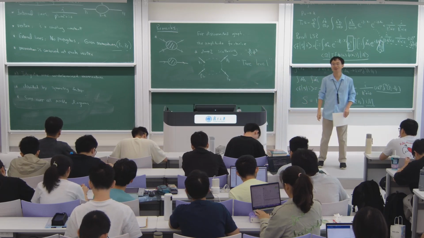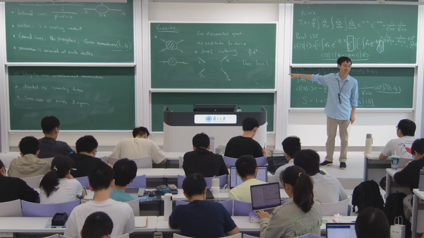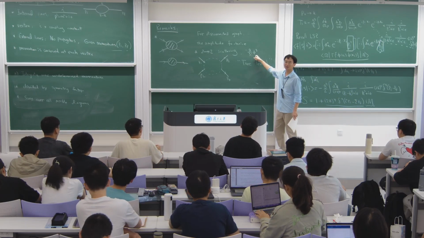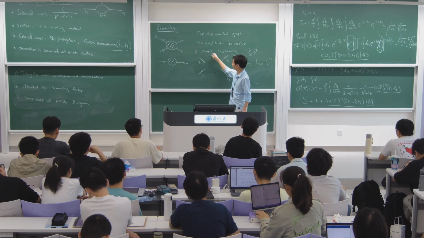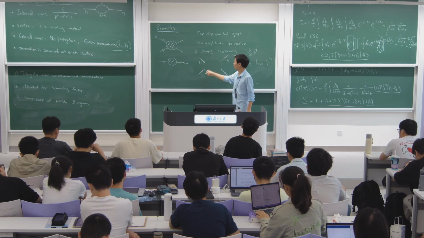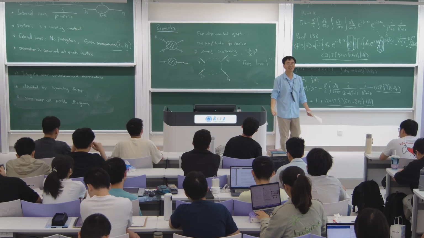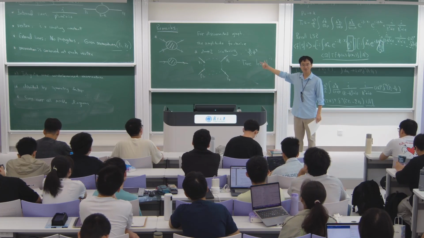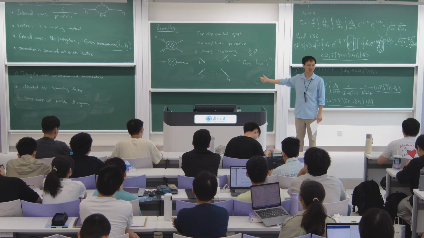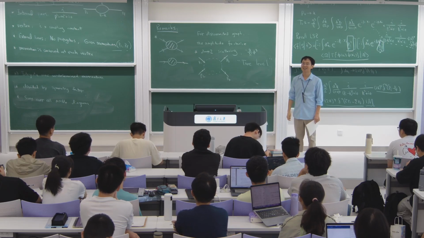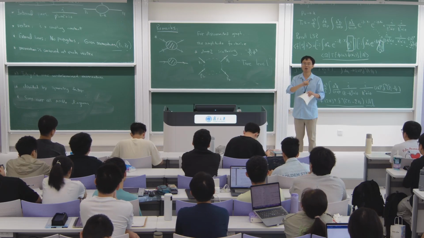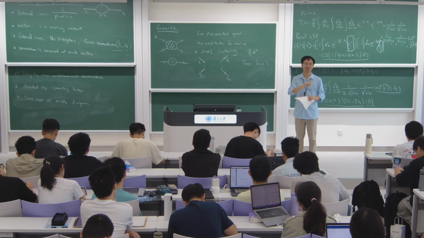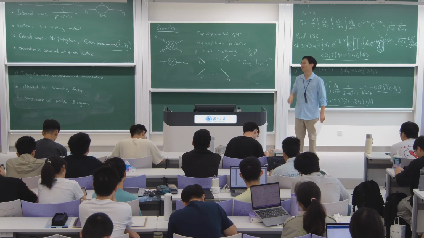For tree level, this should be an easy exercise because the theory I already told you. For this particular process, 2 to 2 scattering, all the momenta I already gave you. Then you should be able to fill in this empty graph at tree level. Tree level means no loop.